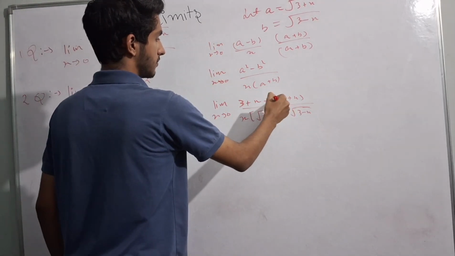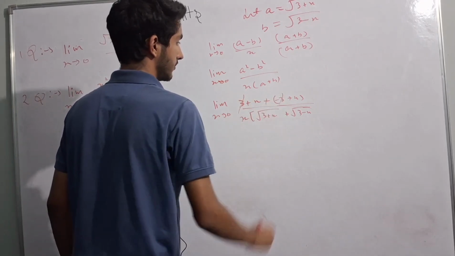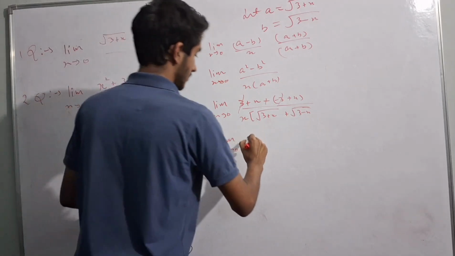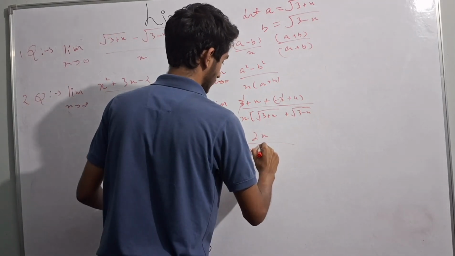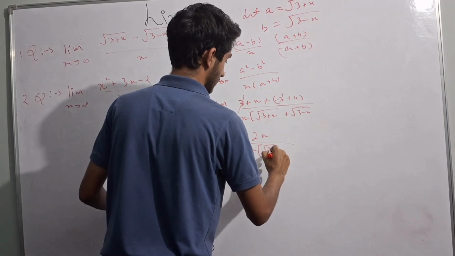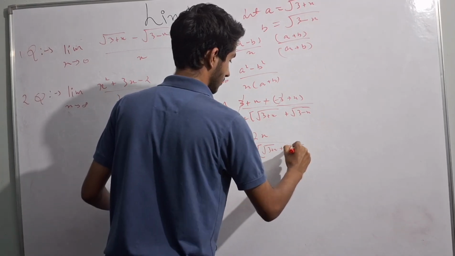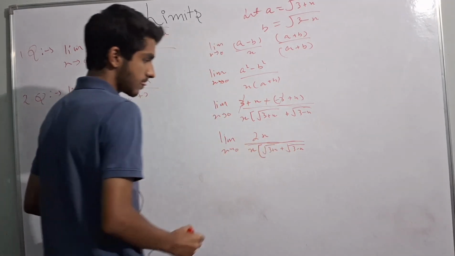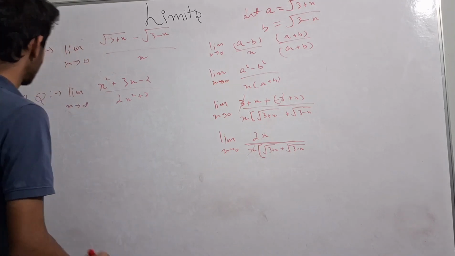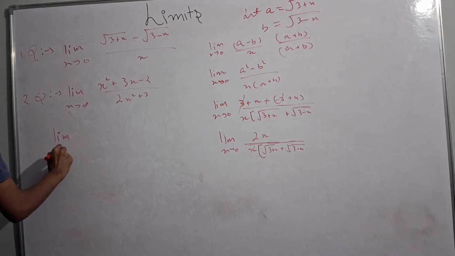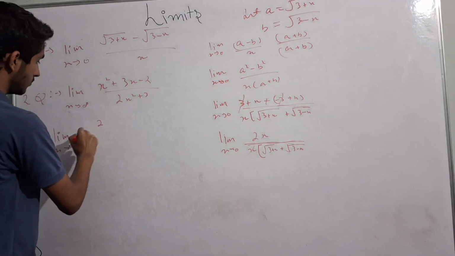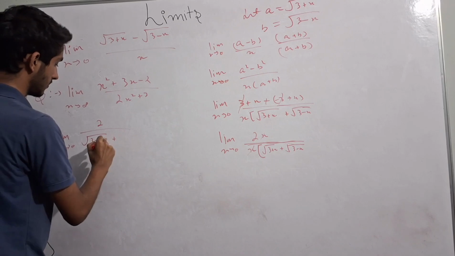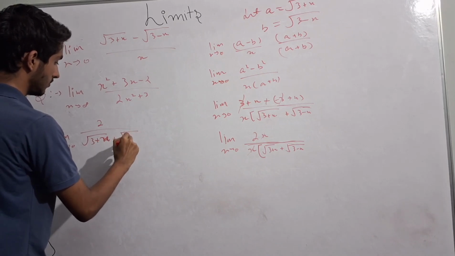So minus minus plus and minus plus minus, 3 cancels out, we get 2x. Limit x tends to 0, 2x upon x into (root 3 plus x plus root 3 minus x). So x cancels out. I get limit x tends to 0, 2 upon (root 3 plus x plus root 3 minus x).